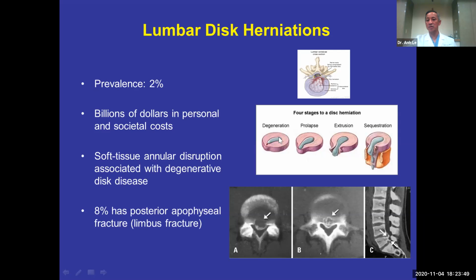So the disc loses its nucleus pulposus and becomes deflated and basically bulges out on one side or the other. And then the tires start to rotate or move abnormally, and it causes increased wear and tear of the rubber component, which is the annulus fibrosus.